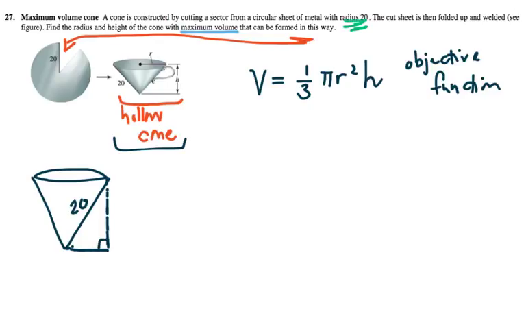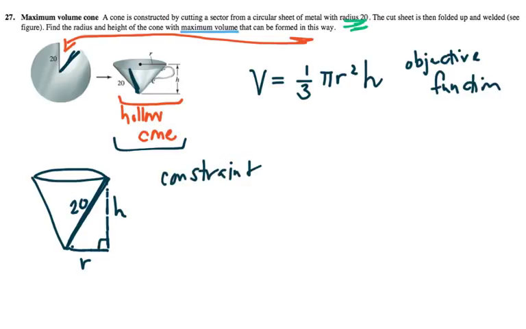I know the hypotenuse is 20 because this edge here, we're given that that's equal to 20, and that has been welded together somewhere along this cone. So this hypotenuse of the right triangle has to be 20, and we're calling the height of the cone h and the radius r. So now I have a way to relate r, h, and 20. I have a way to relate the radius and the height and a number. So that's going to give us our constraint function.